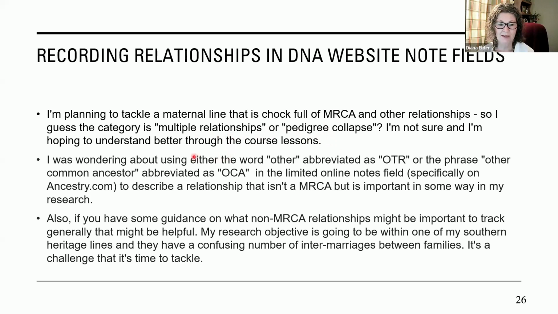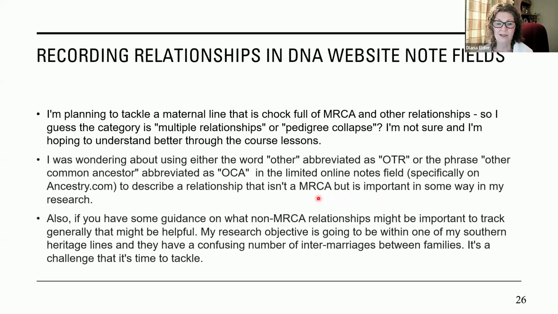So I was wondering about using the word other abbreviated as OTR, or a phrase, other common ancestor, abbreviated as OCA, in the limited online notes field. So we've been talking about notes on Ancestry, and what do you do if you have two or more ways you connect to a person?